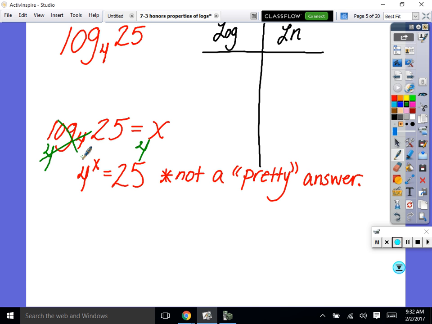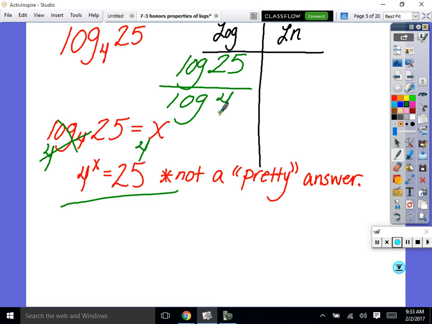You can always get the answer. So watch how it works, and then we'll see why we can do this. Let's do it using the change of base formula instead, because this didn't help us. We can rewrite this as log of 25 divided by log of 4. That's just putting it in the same base, base 10.